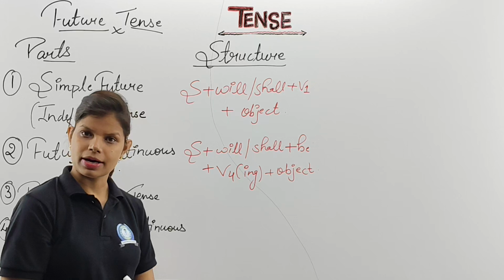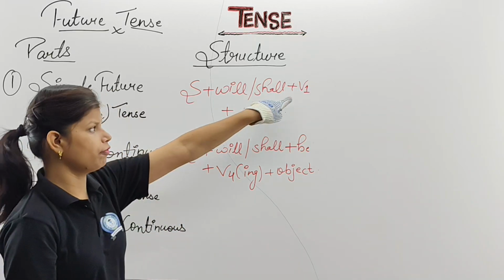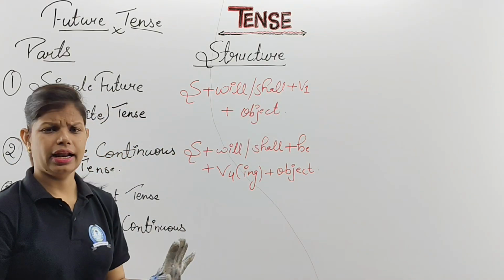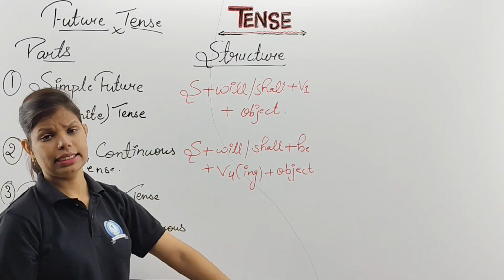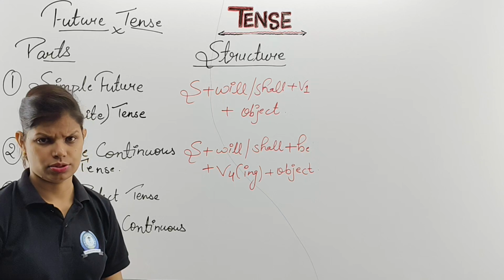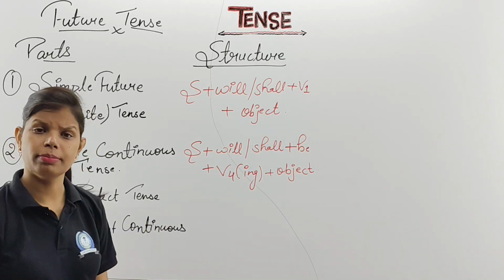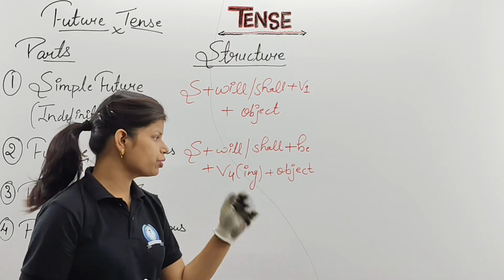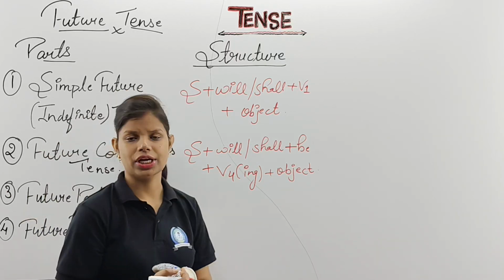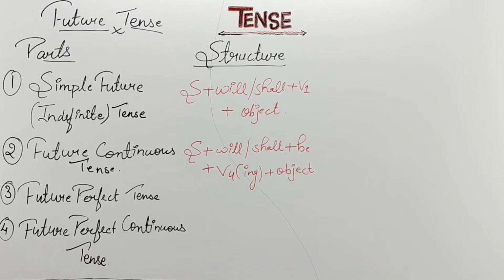Only in simple past is the second form of the verb used. Apart from that, the same verb form is used everywhere. If you learn one tense, it is going to be valid for the others too. Only the helping verb needs to be remembered. Clear, no? So the structure is subject plus will or shall plus be plus the verb's fourth form, the ing form, and last the object.